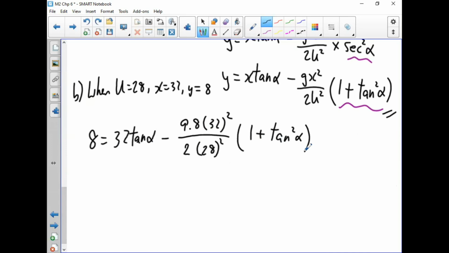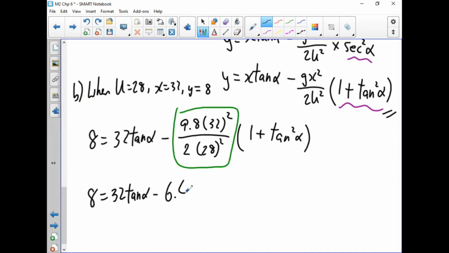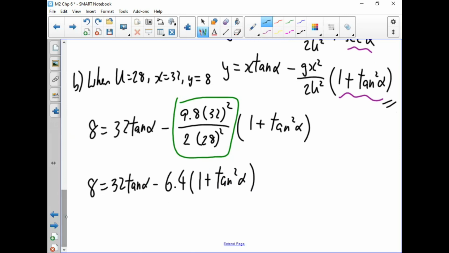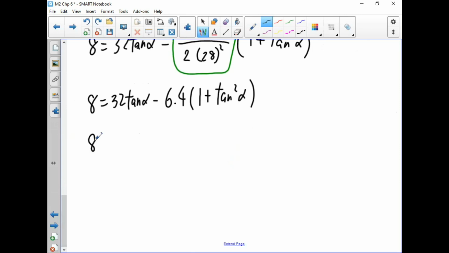So what I'll do is first put this in the calculator to simplify into a number. So 8 equals 32 tan alpha minus 6.4, calculator, times 1 plus tan squared alpha. And then I will expand the bracket. So 8 equals 32 tan alpha minus 6.4 minus 6.4 tan squared alpha.